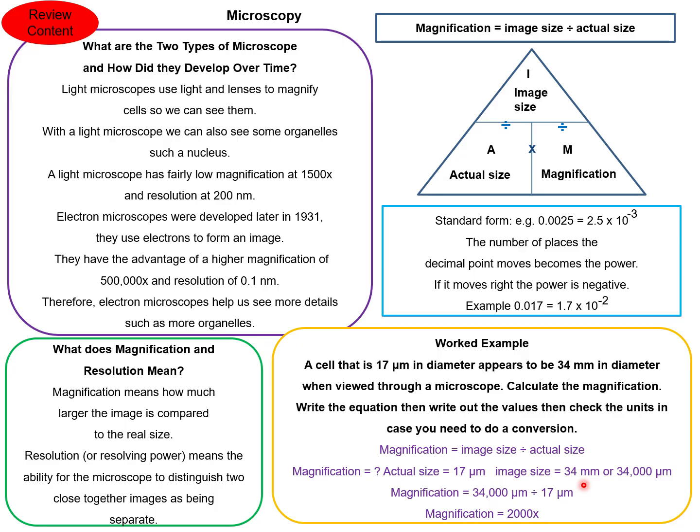So use that conversion chart from before and multiply by 1000 to give you 34,000. So then we are putting the numbers into the equation. Magnification equals 34,000 divided by 17. So the magnification is 2,000 times. Okay, so that's how many times bigger the cell appeared compared to what it actually is.